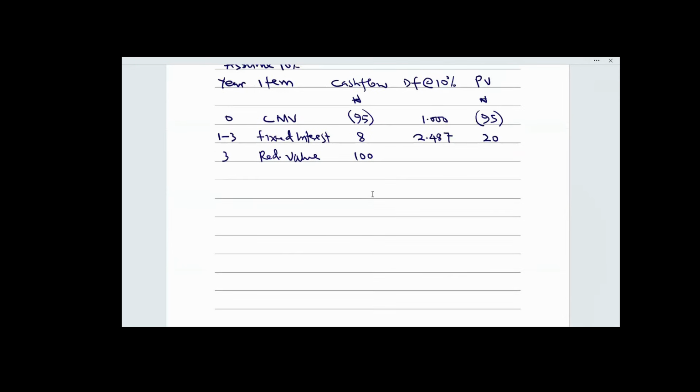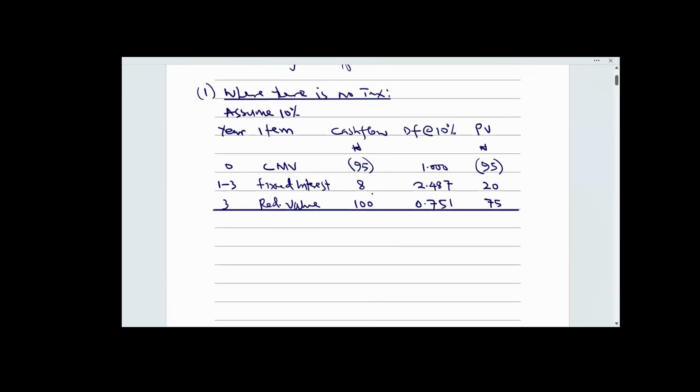So let's go and post. So here is 0.751. You multiply with 100, so that will give us 75. Here will be 75. We then calculate our NPV. NPV is the difference between the present value of cash inflow and present value of cash outflow.